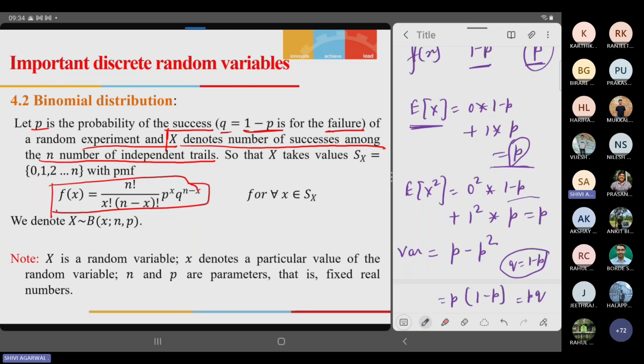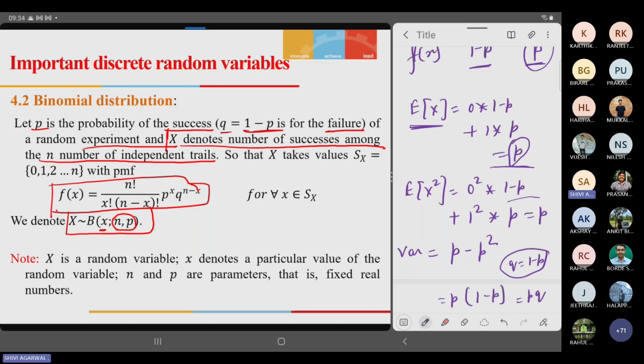We denote that X follows the binomial distribution with parameters n and p. We have to know how many trials we are doing and the probability of getting success. If we know the probability of success, we can also calculate the probability of failure, that is 1 minus P.